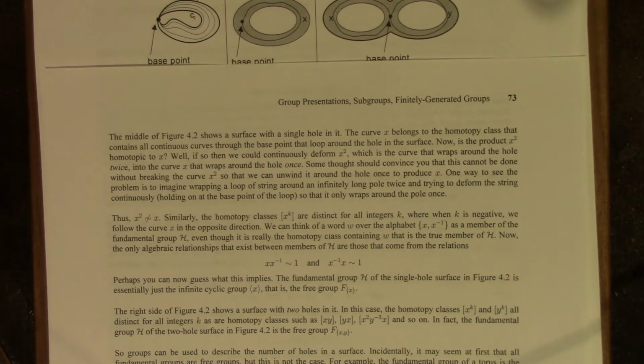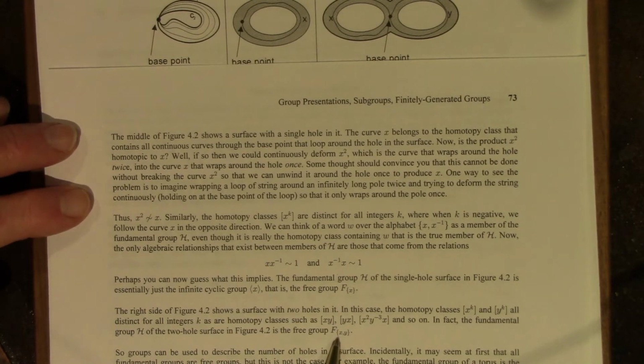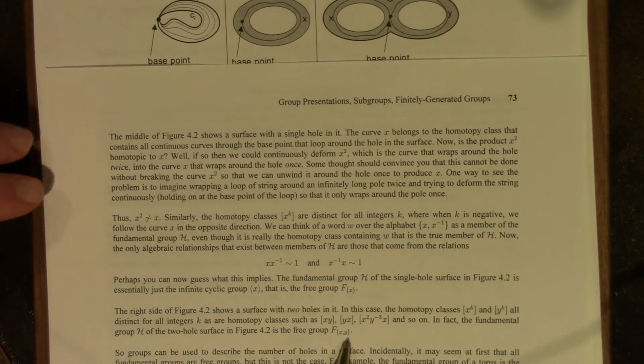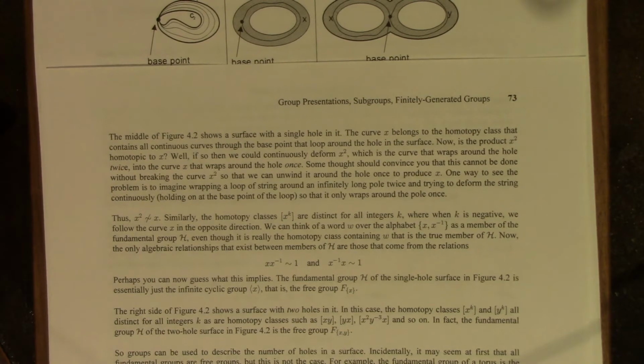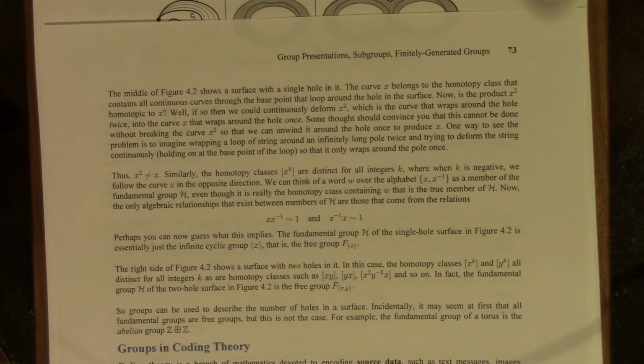In fact, the fundamental group of the two-hole surface is the free group on the two symbols x and y. So groups can be used to describe the number of holes in a surface.